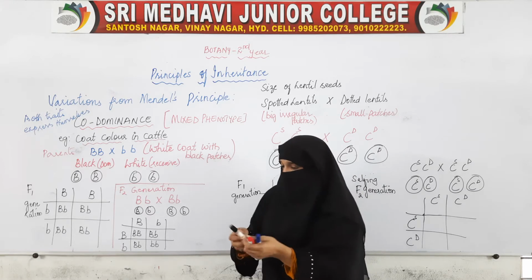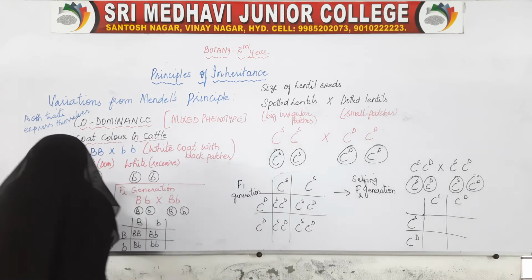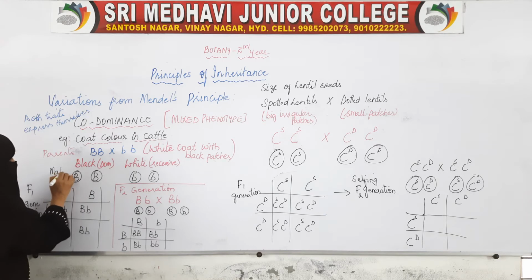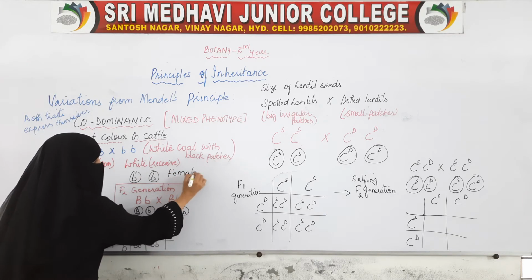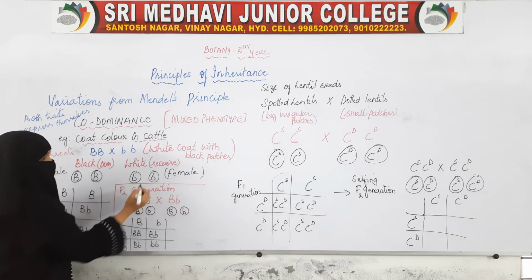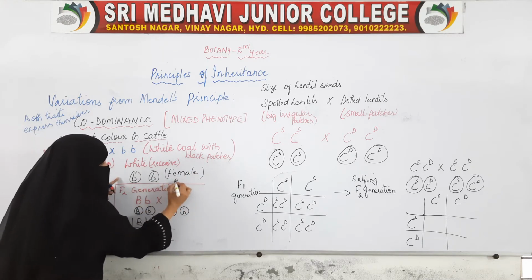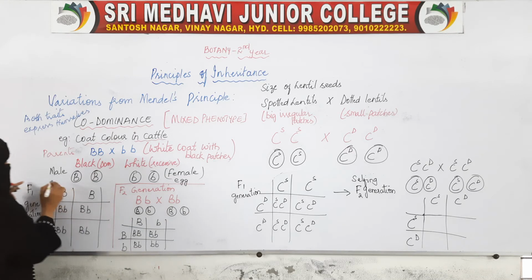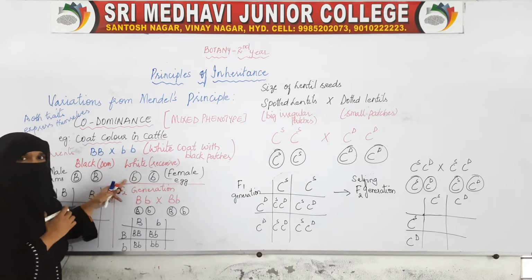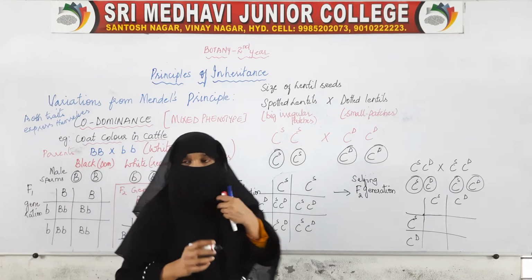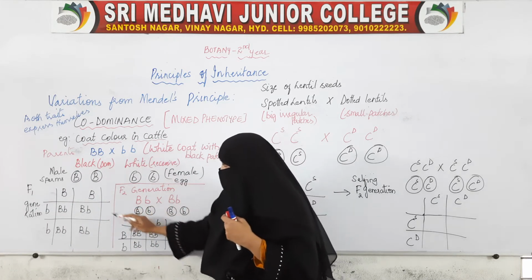For example, we take the black color as male and the white color as female. Female means the gametes will be eggs, male means the gametes will be sperms. So this B and B are the sperms and this b and b are the eggs.